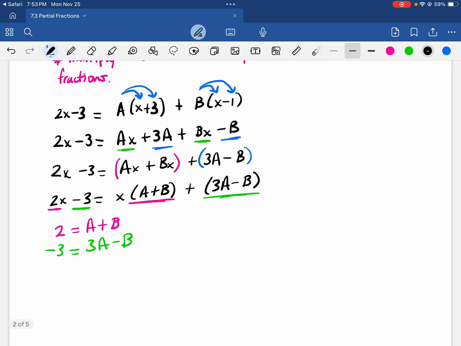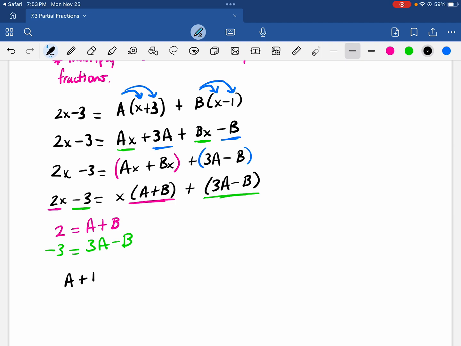I now have my system of equations, and now I can do substitution or elimination to get those a's and b's so that we can know what our partial fractions numerators were going to be. I am going to just do a little rewriting of these.